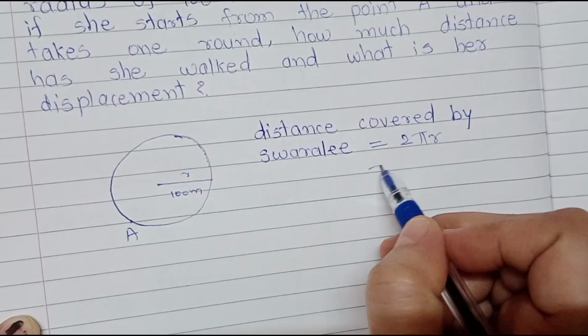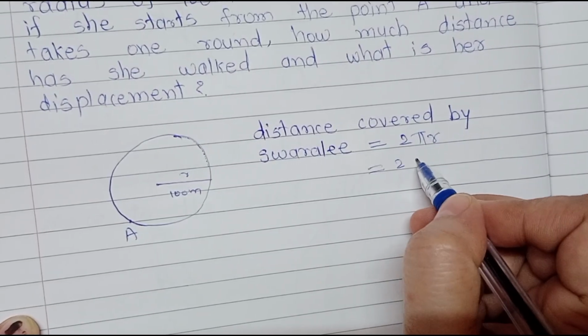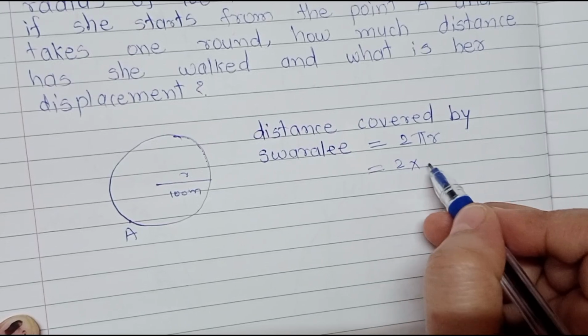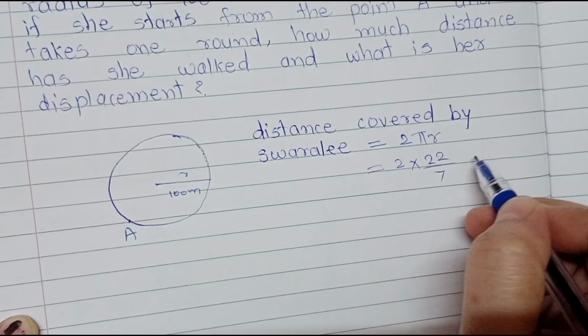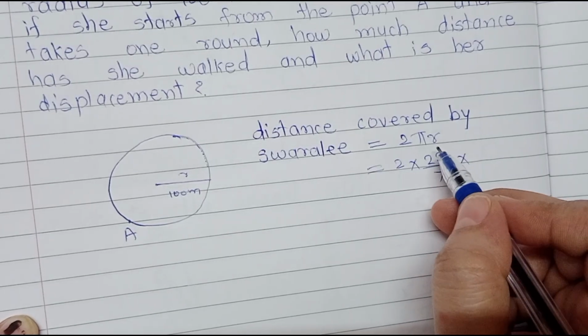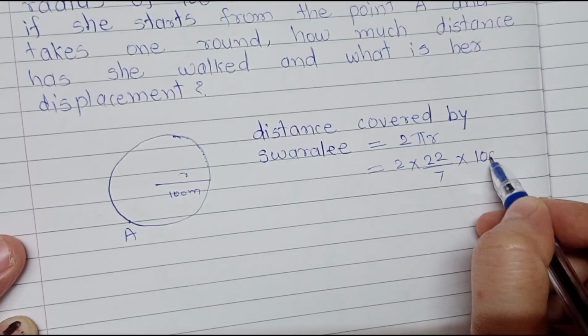Now we put in the values. 2 into pi. What is the value of pi? 22 upon 7 into r. r is 100 meter.